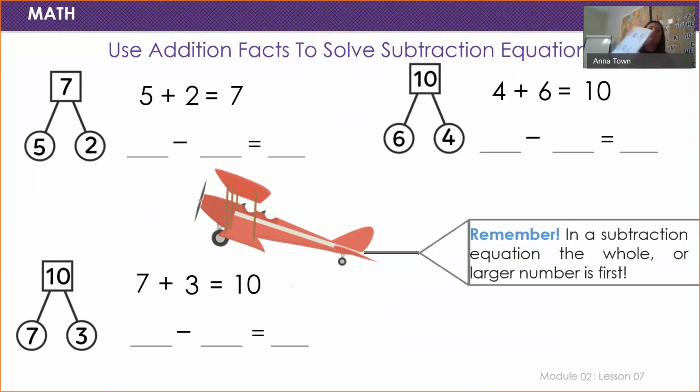Okay, the subtraction equations you could have gotten were 10 minus 6 equals 4 or 10 minus 4 equals 6. Remembering that it's important that this 10, the larger number, is first. That's our whole. We're going to finish with 7 plus 3 equals 10.